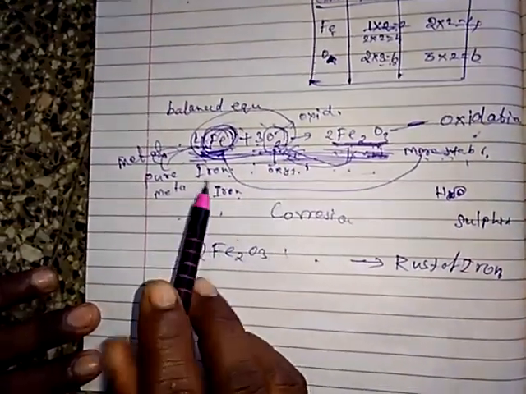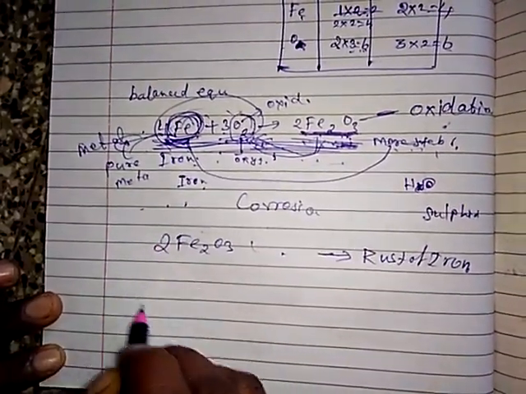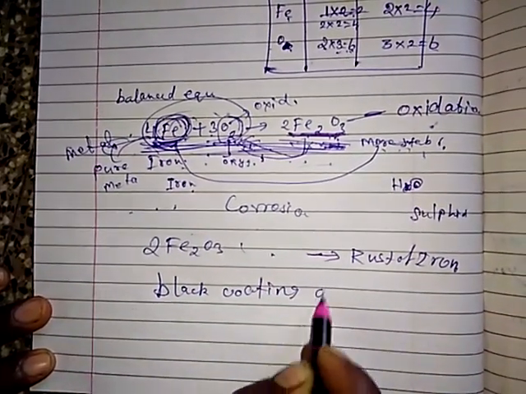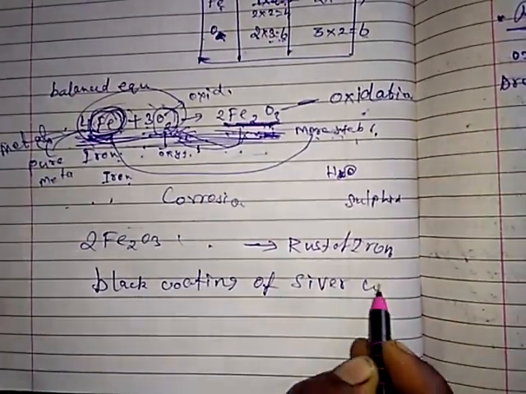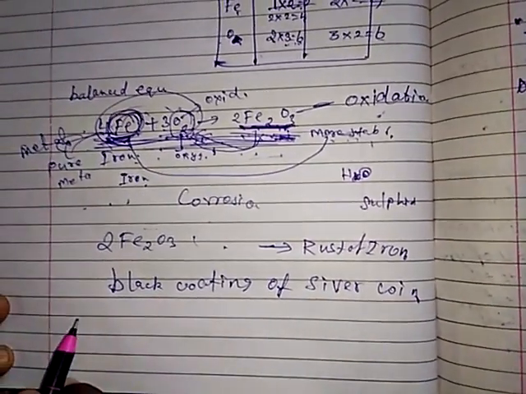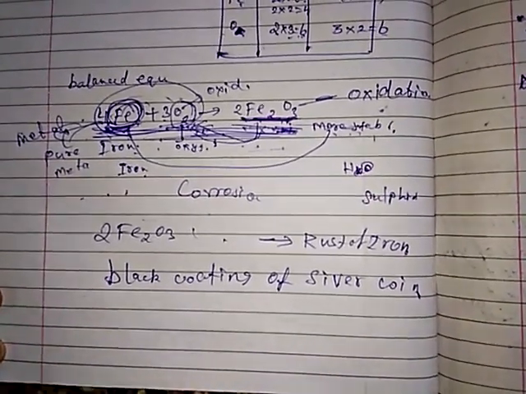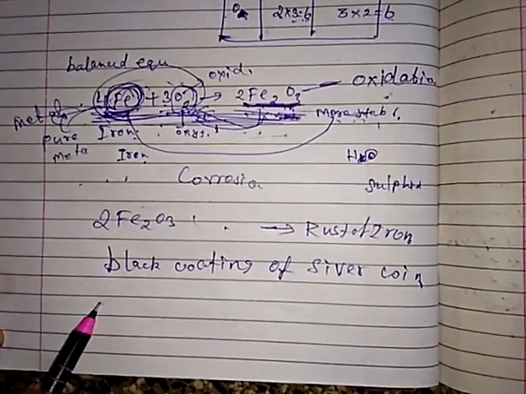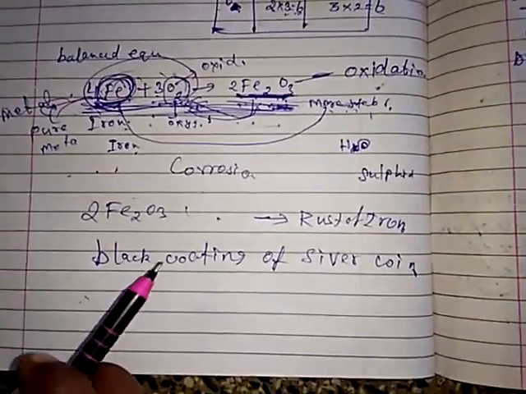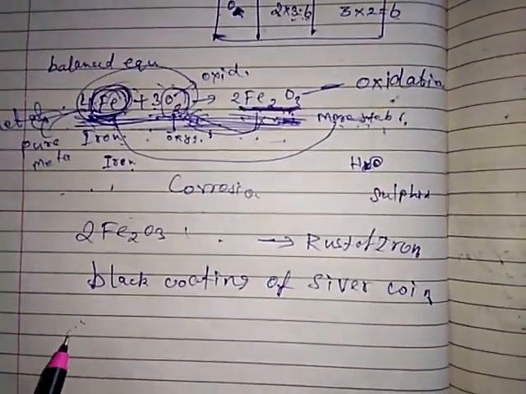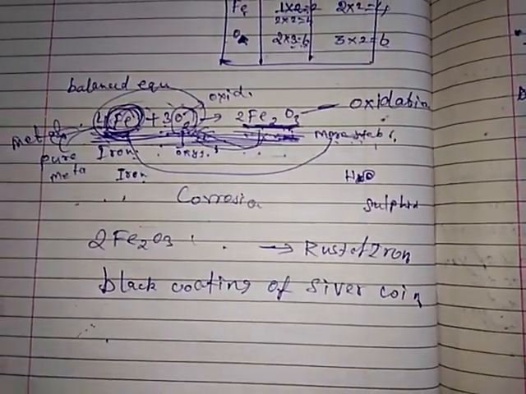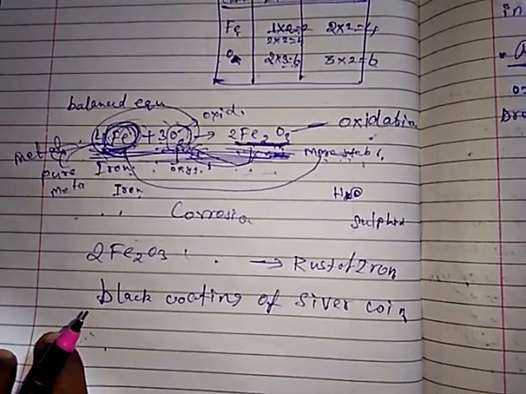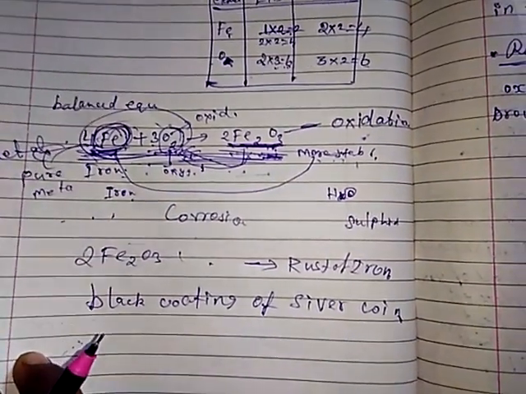Another example: black coating of silver coin. Students, if you have a very old silver coin, 1 rupee or 2 rupee coin, you can definitely see some blackish substance on the silver coin. That is known as black coating of silver coin. What reaction is actually taking place here?